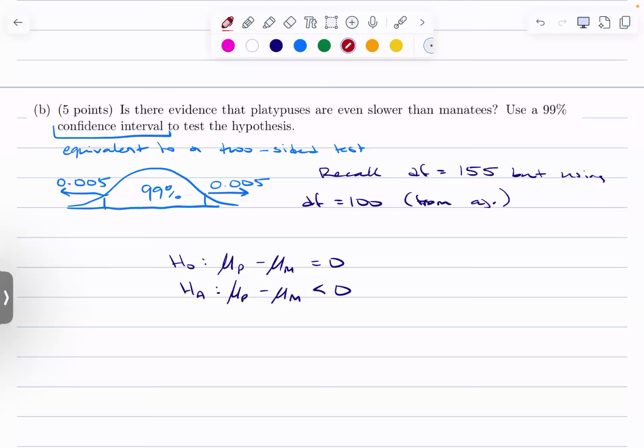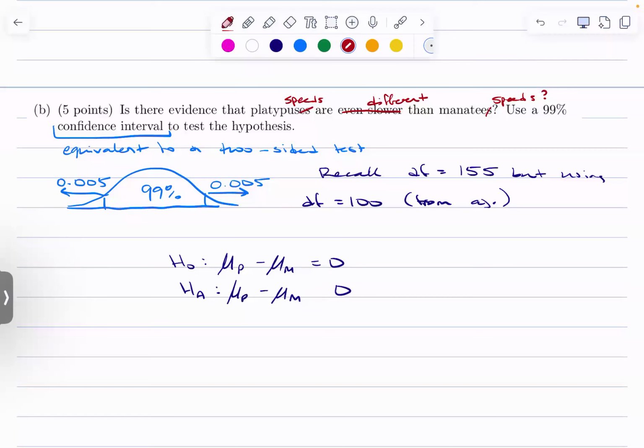Is there evidence that platypus speeds are different than manatee speeds? Edit that a little bit. Then I would have a not equal to here, which is really the only thing that I could answer with a confidence interval. It has to be a two-sided test.